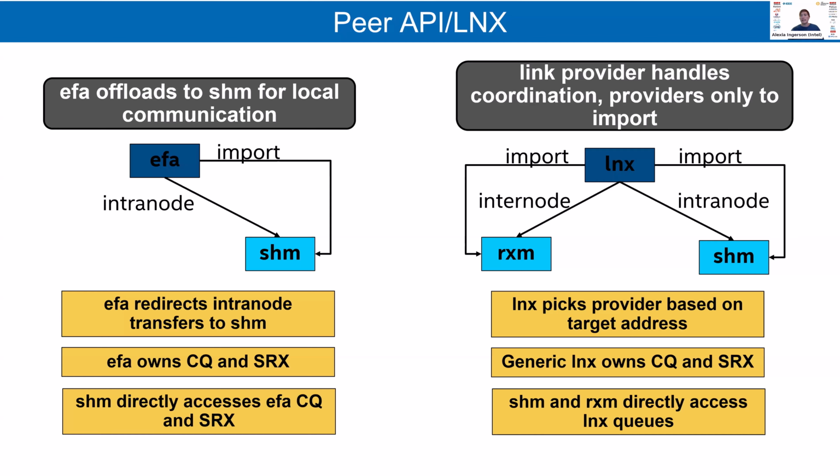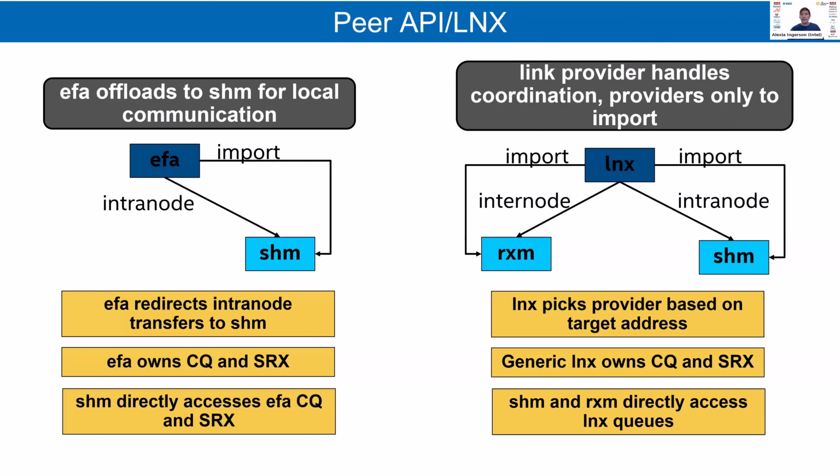So when the app posts a send, the EFA provider finds out whether it's for an internal or external peer, and then we'll send it either through the EFA provider resources, or we'll just pass it through to the shared memory provider instance. So when the send is done, the shared memory provider can report the completion directly to the app CQ. So after the EFA posts that send to SHMEM, EFA can basically consider the transfer completely in SHMEM's hands, and it doesn't have to process the message anymore.